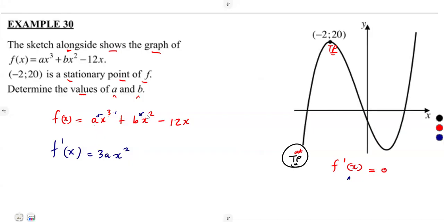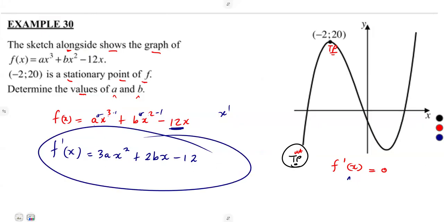Here you multiply by 2, so 2 times b, that is 2b, x to the exponent of 2 minus 1, which is 1. So just leave it as 2bx. Minus 12x is a linear term, so in differentiating, we just take the constant, which is minus 12. So this is our first derivative.